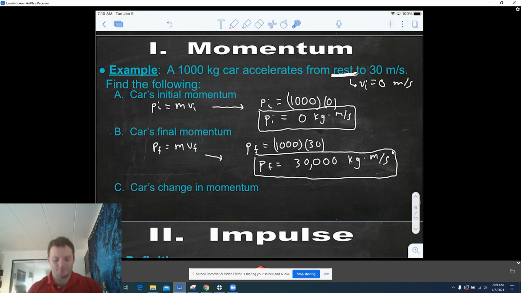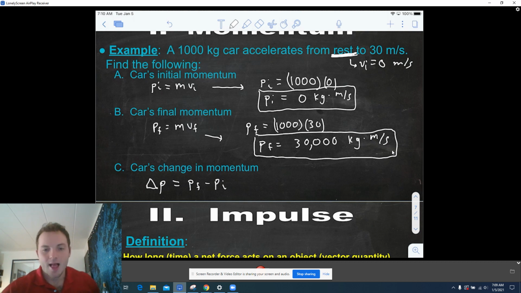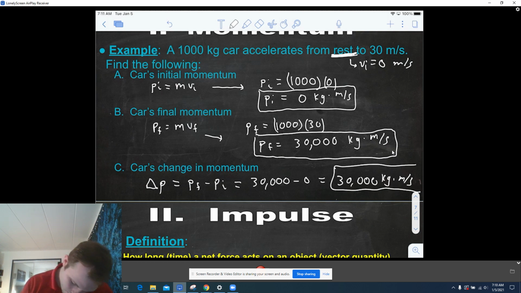Change in momentum, let's just talk about notation a little bit. Delta P, remember delta means change in, and what it really means is P final minus P initial. So if I use these numbers here, I have 30,000 minus 0. And there we go.